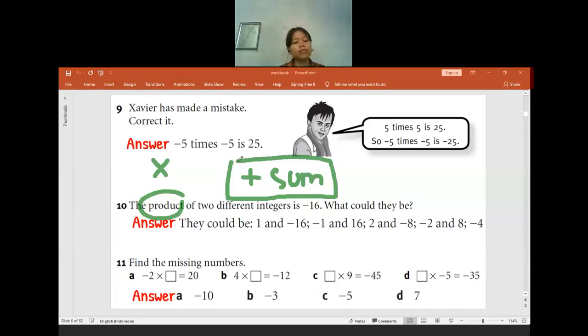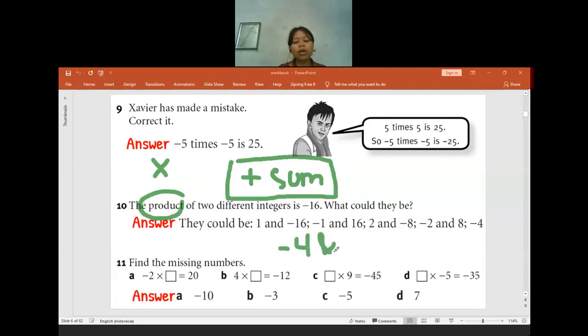Product means times and sum means plus. So the numbers can be 1 times negative 16, or negative 1 times 16, 2 times negative 8, or negative 2 times 8, or the last one is negative 4 times 4.